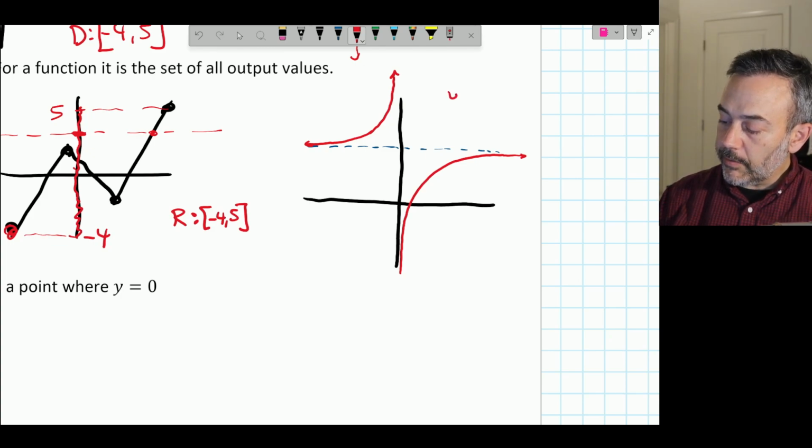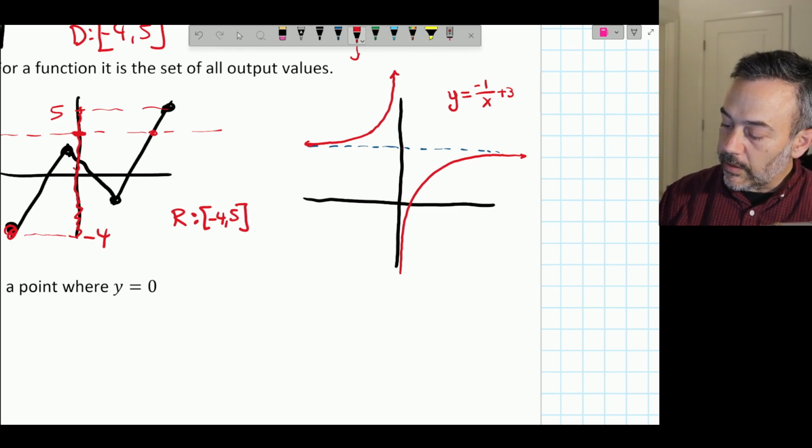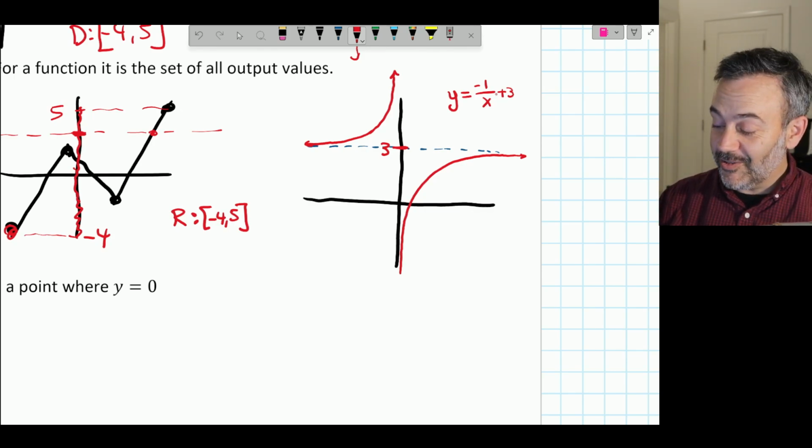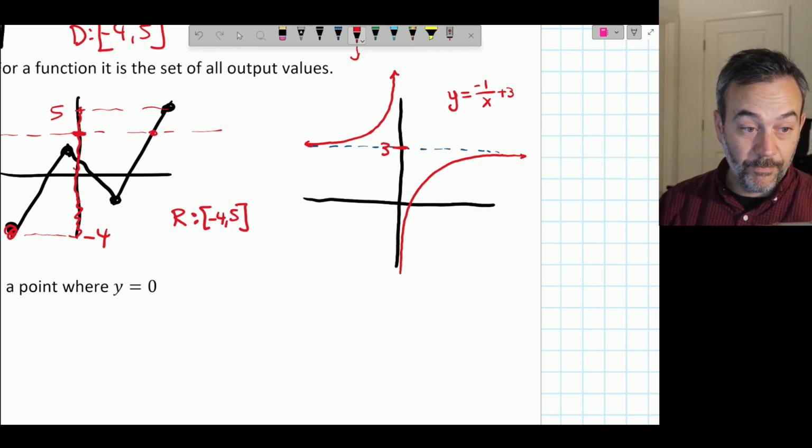This example might be y equals -1 over x plus 3. So this value here would be 3, that height. And if you go to Desmos and try to graph y equals -1 over x plus 3, you'll see that the graph roughly looks like what I've drawn.